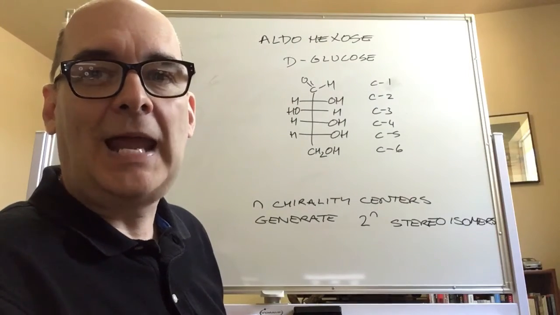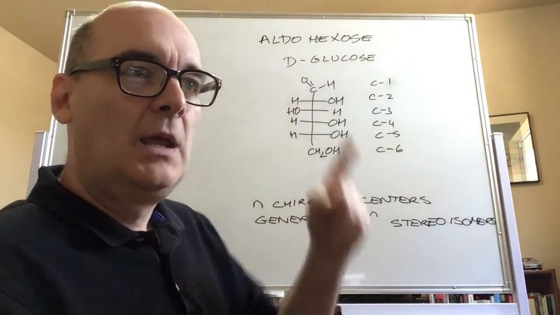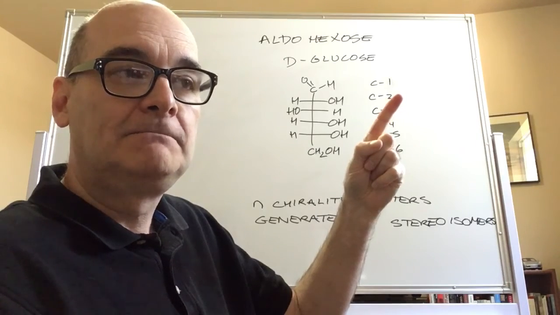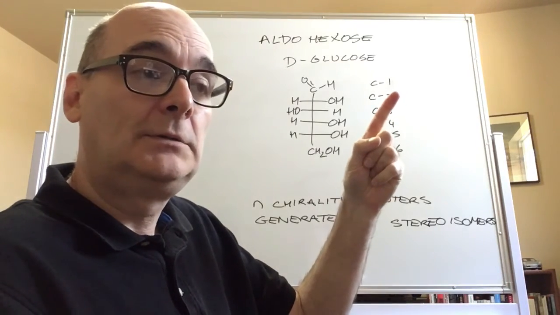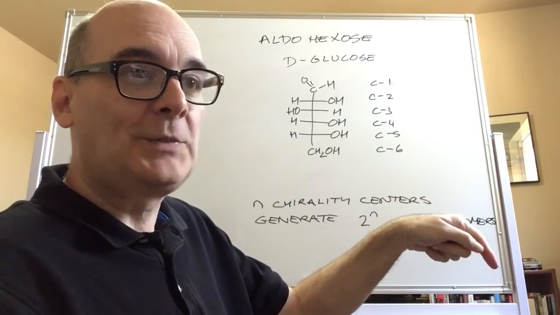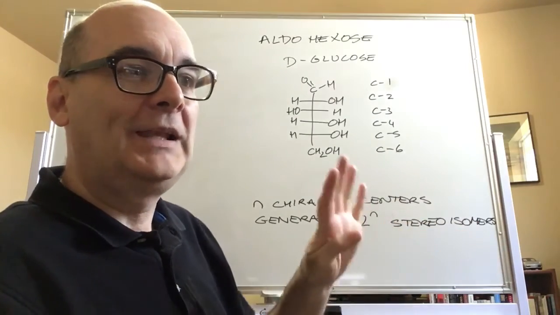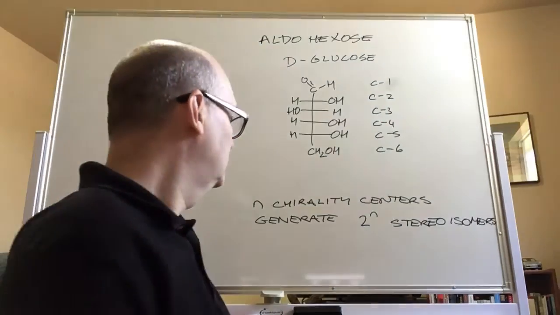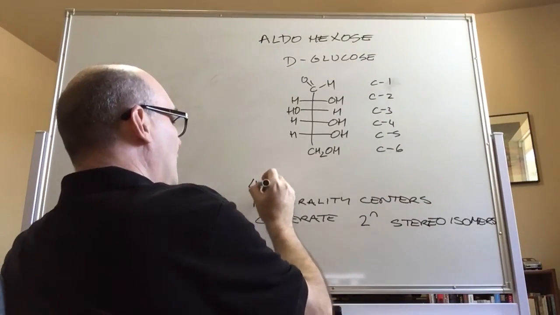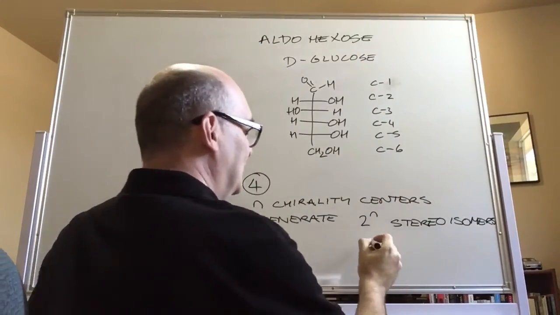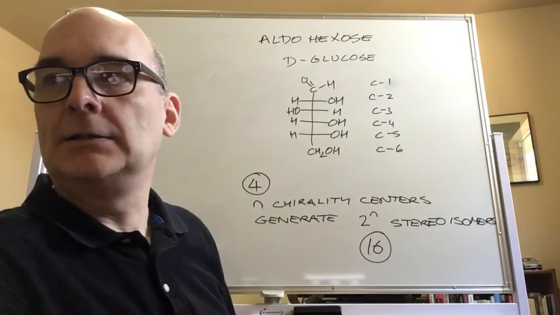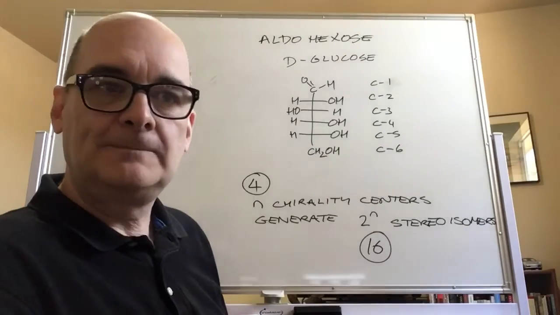Aldo, it contains an aldehyde. If the top carbon is an aldehyde, remember aldehydes can't be chiral, and the bottom one is a primary alcohol, that leaves me 4 places. 4 chirality centers generates 16 stereoisomers.